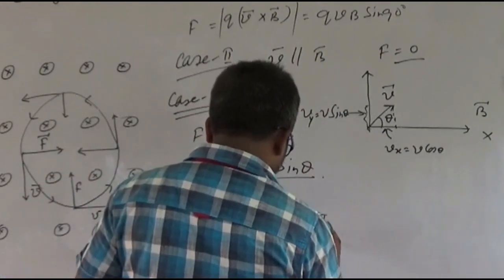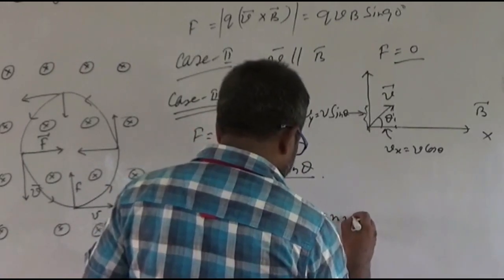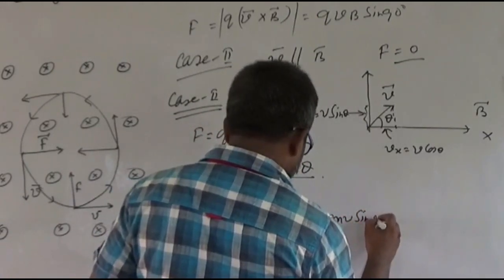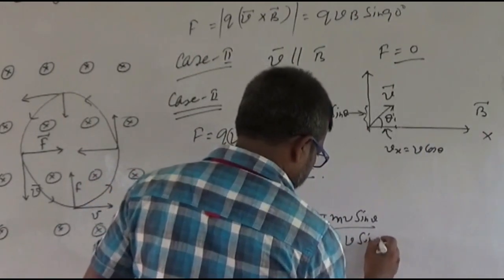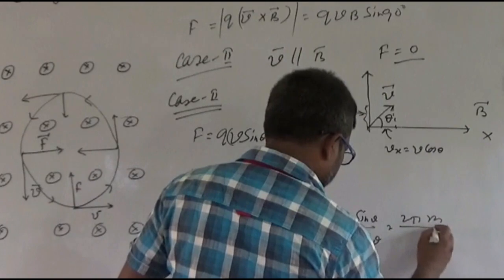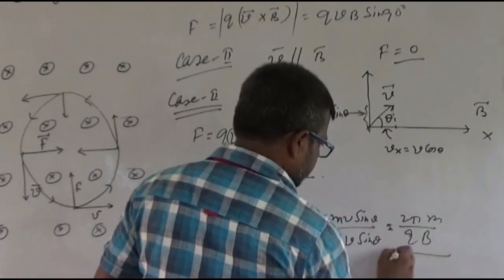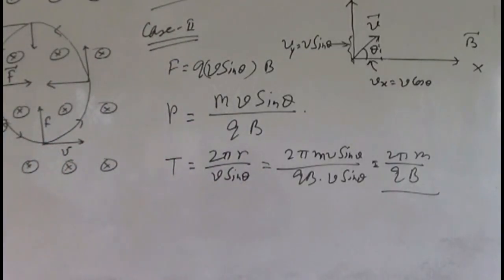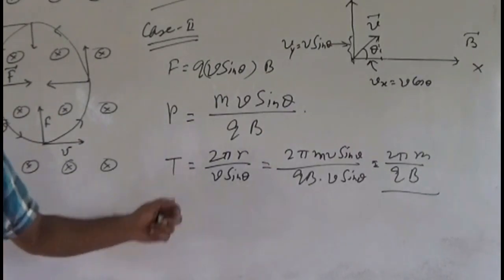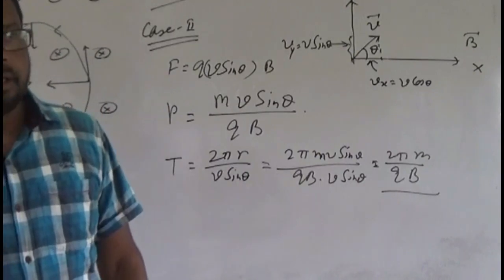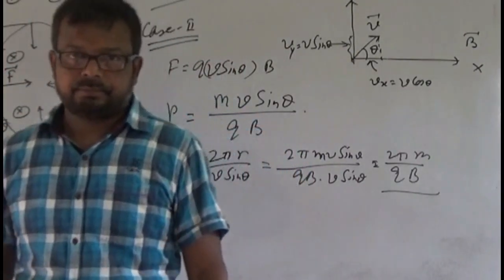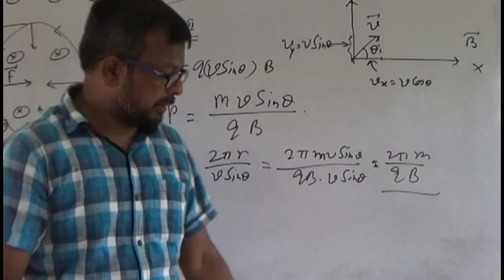Now 2 pi into r is m v sin theta divided by qB, divided by v sin theta. Again you get 2 pi m by qB. 2 pi m by qB is the time period. That means the time elapsed in one revolution is T.